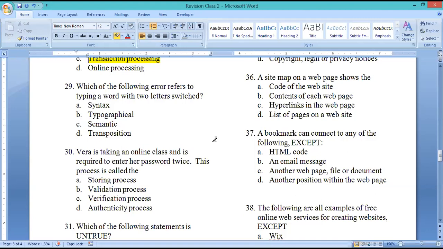Alright, are you just guessing or do you know what transposition is? Guessing. You're guessing. But don't guess. Think about it. You're typing a word and two letters are switched. It could be a mistake, right? Because you wouldn't type a word and switch letters purposely. What kind of error would that be?